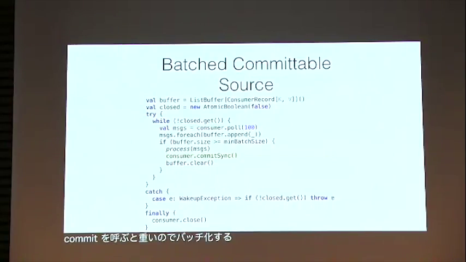Okay, so 100, 200, and so on. So let's say we can create a buffer here. And if the buffer size exceeds the maximum batch size, then we call commit. Still, this is a synchronous call, which we don't want to do.